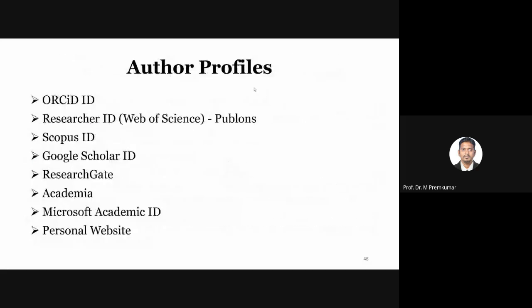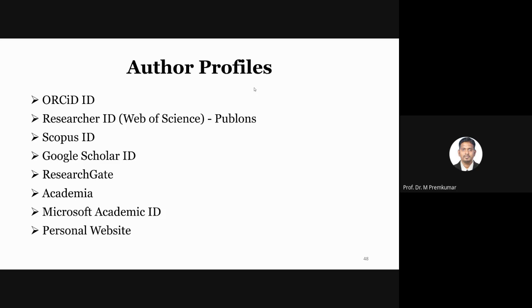Okay, so as a last slide, what I would like to convey is the author profile. So if you are a good researcher, you should have a profile on all these sites. One is ORCID ID. ORCID ID is a unique ID which will be useful to assess your future papers or past papers.